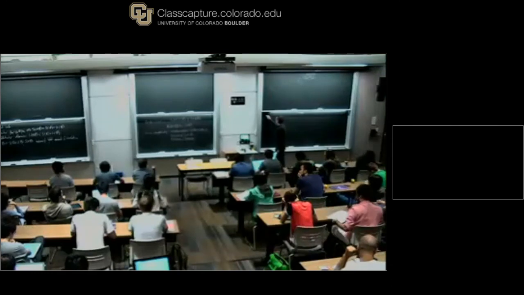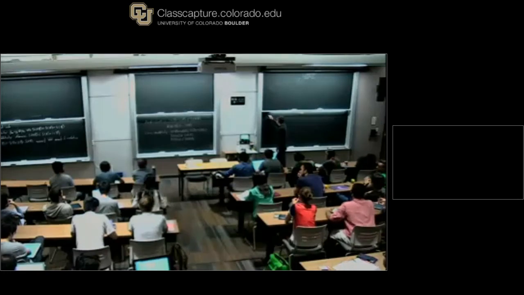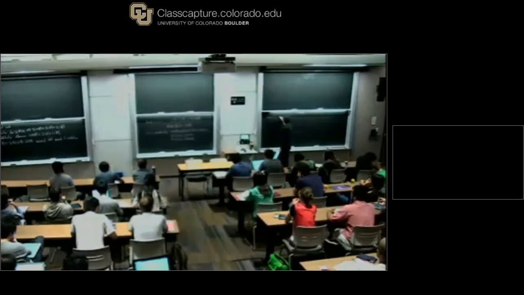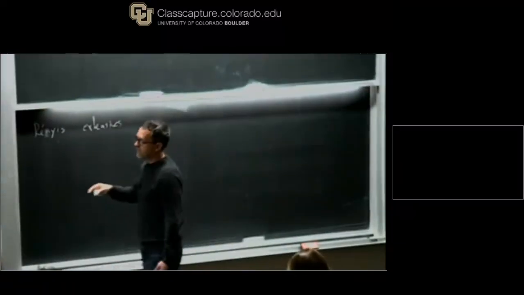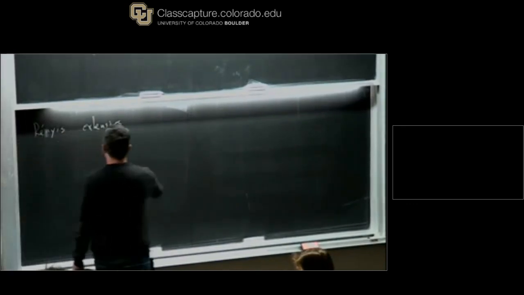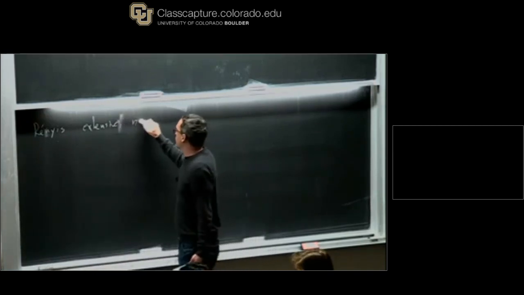Now the Renyi entropies for alpha not equal to 1 are extensive. So they obey that first line, that on a product state they add up. But they have none of the other properties.